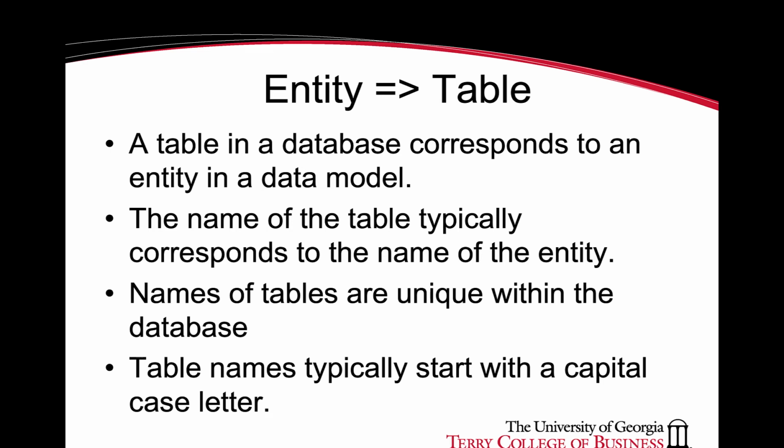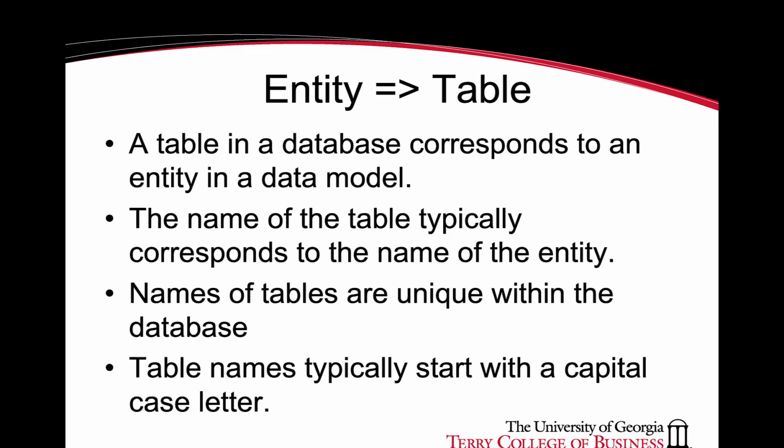When we take this concept of an entity over to a database as we physically instantiate it, a table in the database corresponds to an entity. Typically, the name of the table corresponds to the name of the entity in the data model. Now, names of tables have to be unique within the database as we don't want the system confused or muddled up with tables having common names.